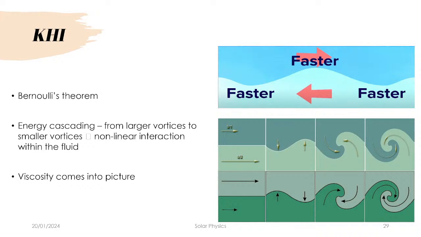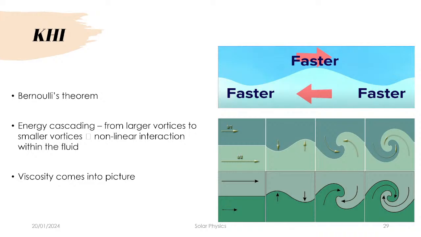We also know that where the velocity is high, the pressure is low. So the pressure over here is low, and over here, and so is it over here. This creates a pressure gradient. When there's a pressure gradient, your instability starts growing along that direction.